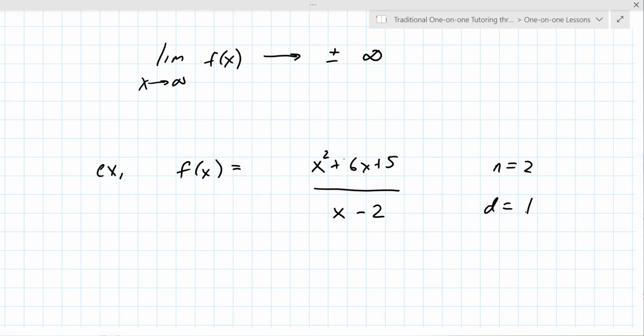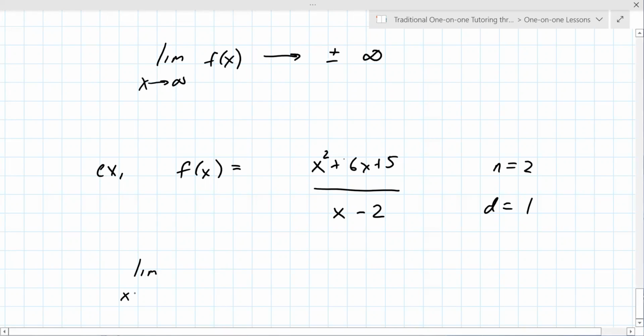Okay. So let's take a look at the limit as x goes to infinity, f of x. And we know it's either plus or minus infinity, so we'll put the infinity symbol there for the moment. So here's how you decide. You look at the ratio of the leading coefficients here, and you also ask yourself, well, what happens when you put a positive number in and square it?